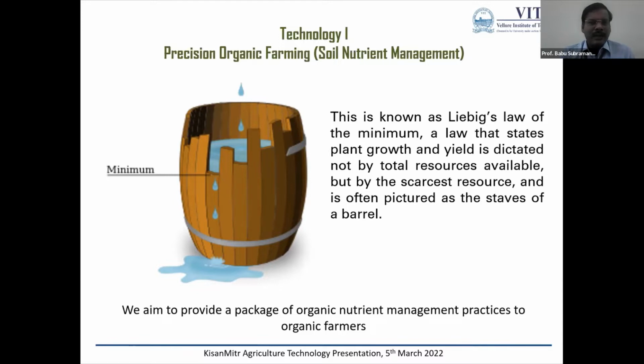One is with regard to soil nutrient management in organic farming. In organic farming, farmers have a concern about the performance and consistency in the yield of the crops. It is not comparable with inorganic farming, where we use chemical pesticides and fertilizers, which give an immediate effect.